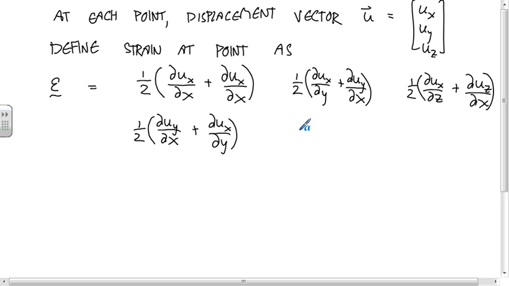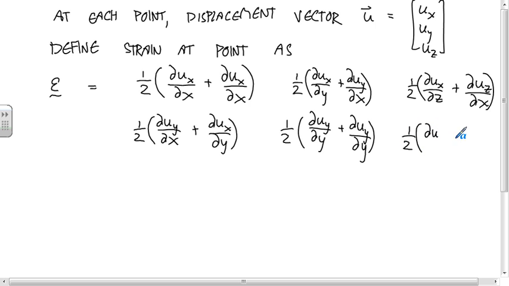What about the yy element? Yeah, except y's this time, so partial of uy with respect to y. And then yz is 1/2 partial of uy with respect to z plus partial of uz with respect to y.